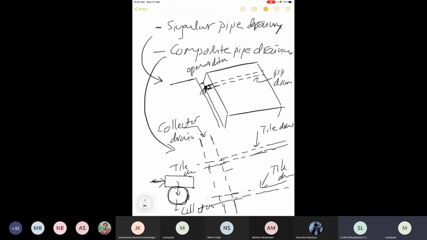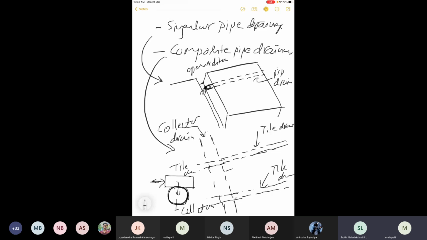So water from the tile drain will be collected into the collector drain, which is a pipe again. Whereas in a singular pipe drainage system, the water from the tile drain is collected into an open ditch. In a composite drain system, the water from the tile drain is collected into another pipe. That's the difference.